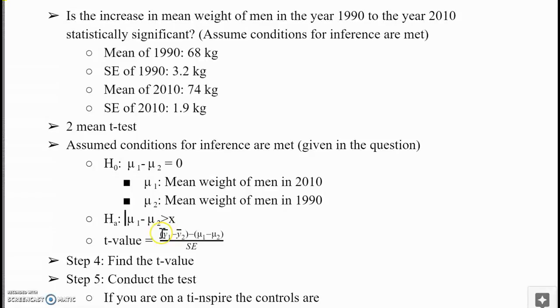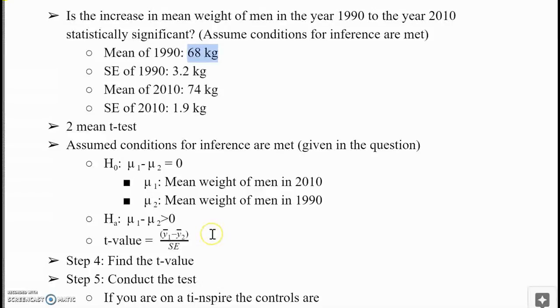Boom, that's what it is. Now for the t-value, it's your y1 bar minus y2 bar minus your mu1 minus mu2. Since mu1 minus mu2 is 0, assuming the null to be true, that's fine. And you know what y bar 1 and y bar 2 are.